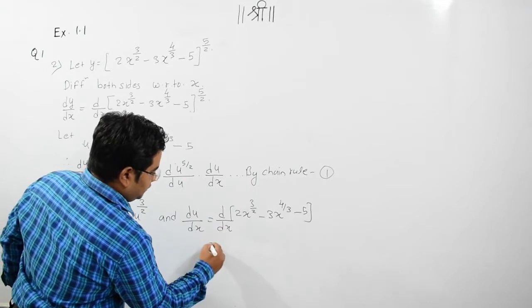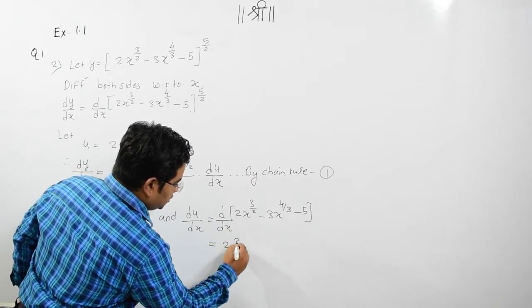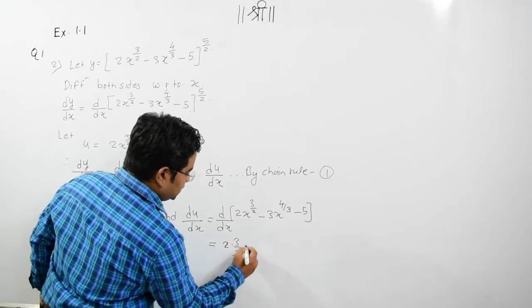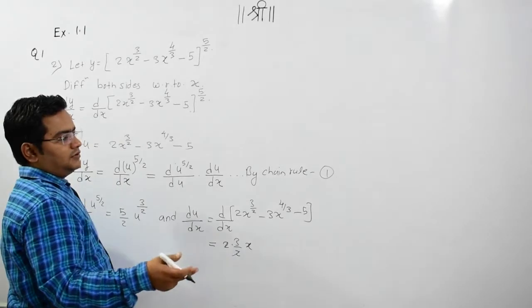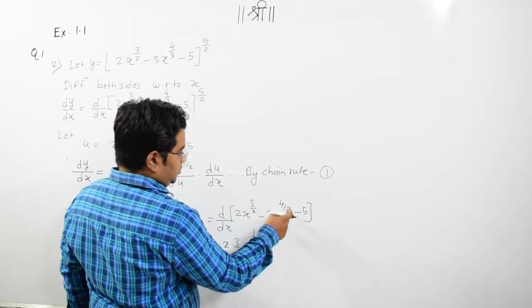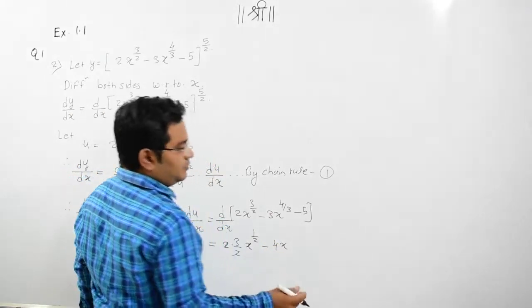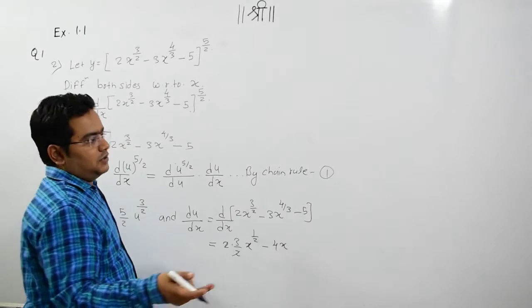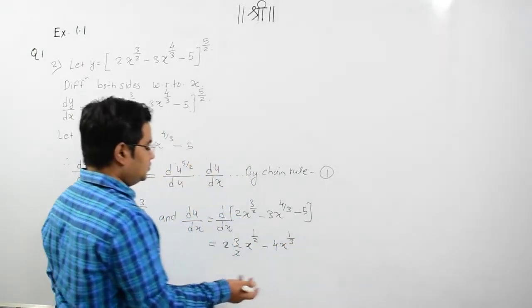Now if you differentiate it, what will you get? 2 into 3/2, the 2 will get cancelled, into x raised to 3/2 minus 1, which is 1/2. So x raised to 1/2 minus, now again 3/2 common, so 4 into x raised to 4/3 minus 1, how much? 1/3. Minus 0, so no need to put it.